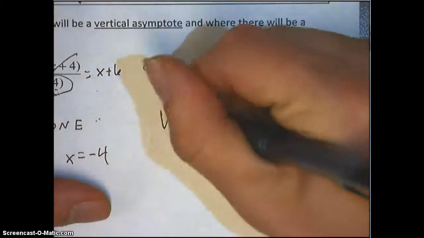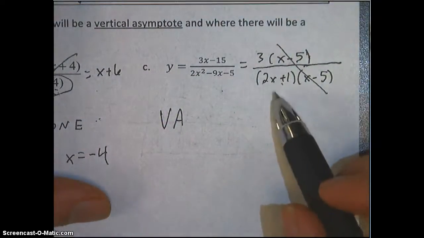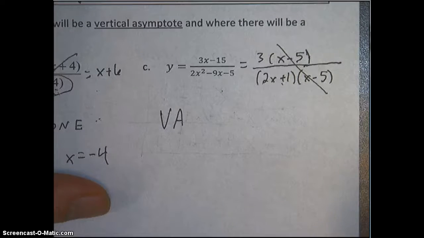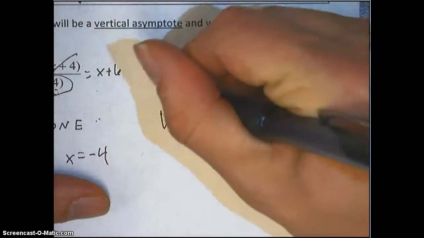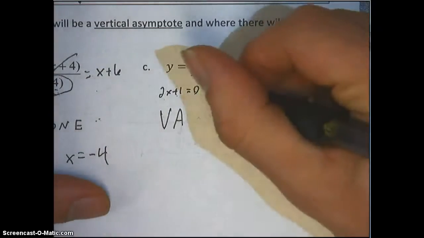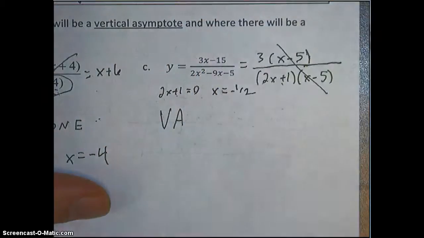Let's start with the vertical asymptote. I'm going to have one because I have something in the denominator, and what I need to do to figure out where that vertical asymptote is, I'm just going to set 2x plus 1 equal to 0. You subtract 1, divide by 2, that's x equals negative 1/2.